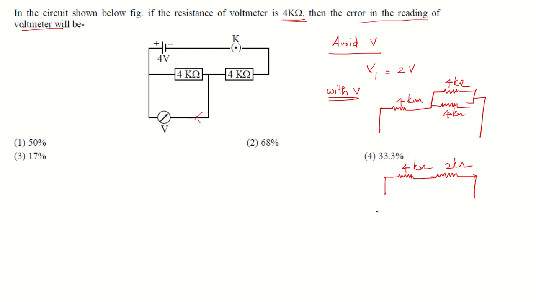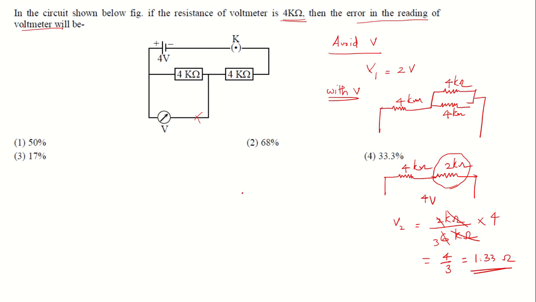It is connected to 4 volt. Then the potential across the 2 kilo ohm, which I label V2, is 2 kilo ohm by the total resistance into the total potential. So the 2 cancels, giving 4 by 3, which is 1.33. So we get the answer as 1.33.